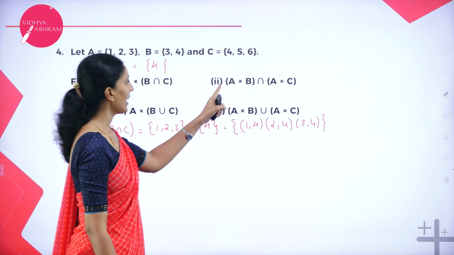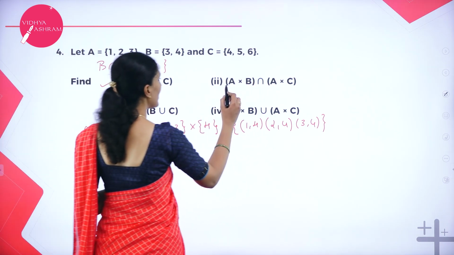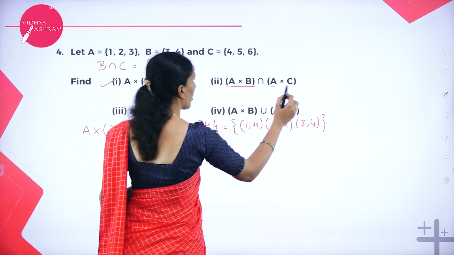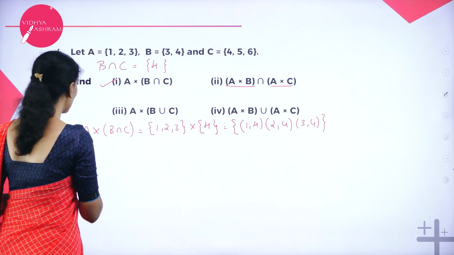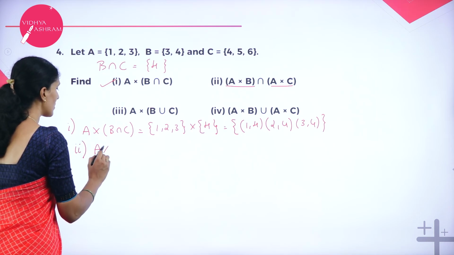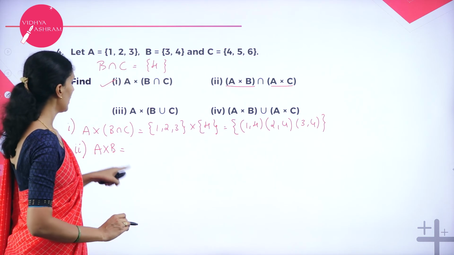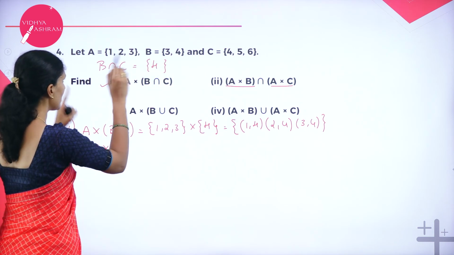Next we take (A cross B) intersection (A cross C). Before that, first write A cross B and A cross C, then take the intersection. So for the second question, let me write A cross B first. What are the elements in A? 1, 2, 3. B is 3, 4. Just pair them.